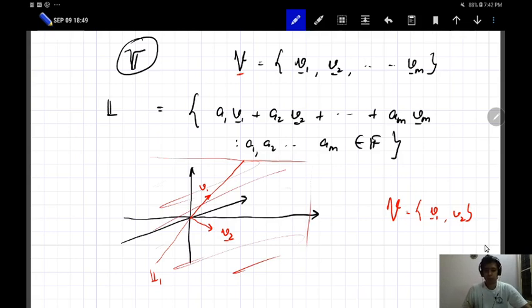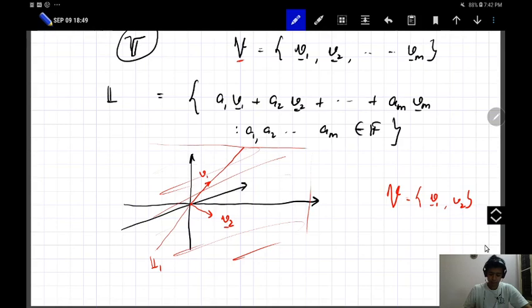So in general, if you have say k vectors or m vectors in R^n, and you take the set of all linear combinations of these, this is going to be some kind of a hyperplane passing through the origin, and the dimension of the hyperplane will be less than or equal to m, right?